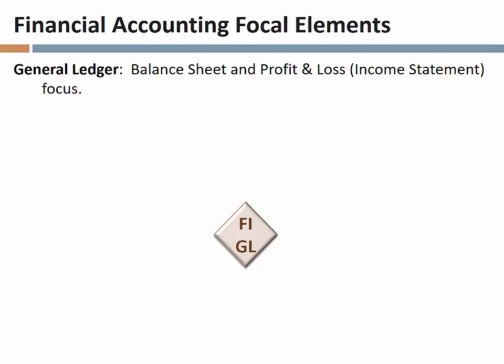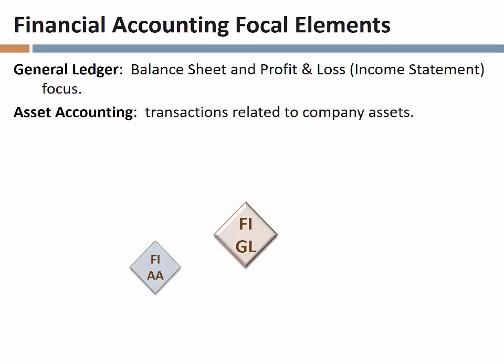So this is where transactional details get captured. And you notice down there at the bottom, the little diamond, FIGL. So in financial accounting, when you see GL, just automatically associate that with the general ledger. You could make the case that that pretty much is the heart of financial accounting, is what goes on in our general ledger.